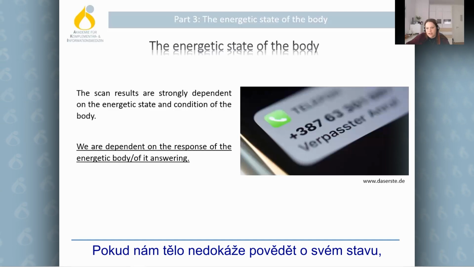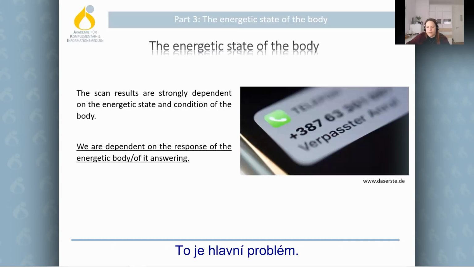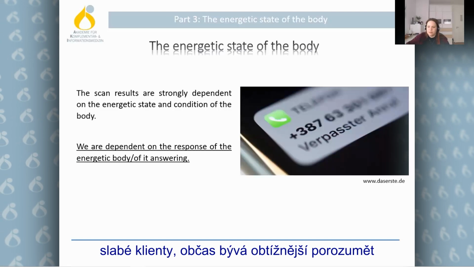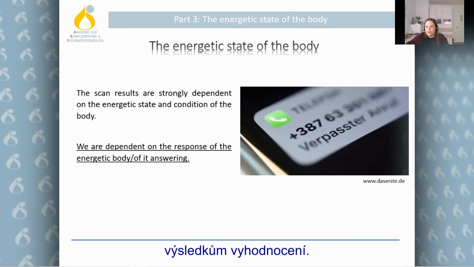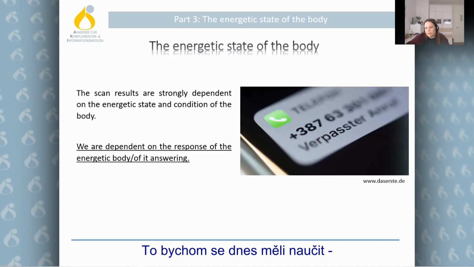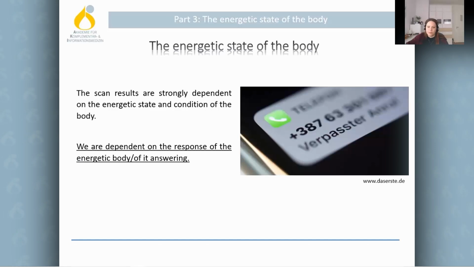So if it cannot answer us about its condition, we cannot see adequate results in the scan. This is the main problem in the system. So when you have some weak patients, sometimes it's harder to see the information in the evaluation. So this is what we do today: how can I see it, what kind of way can I see it with the entropy points, with the graphs, and with the evaluation.